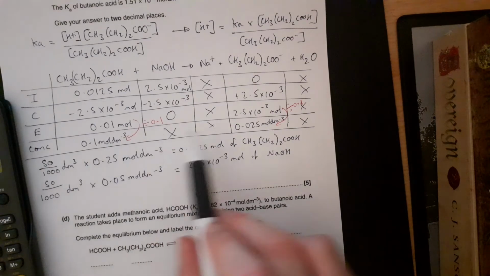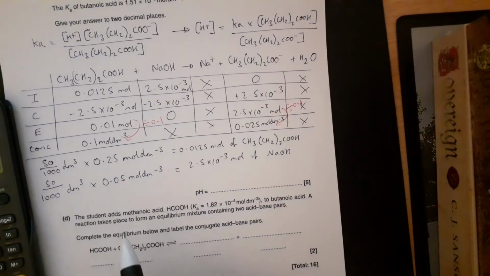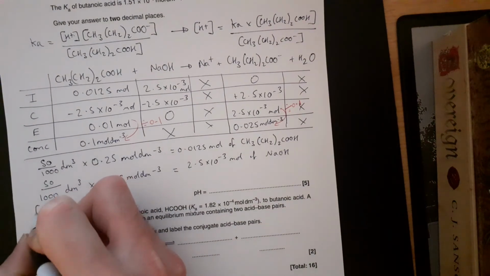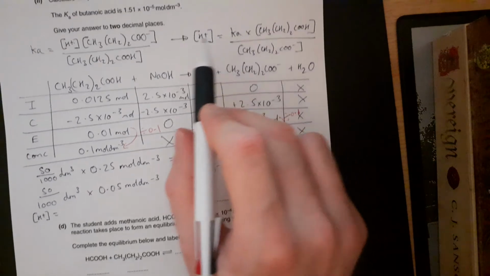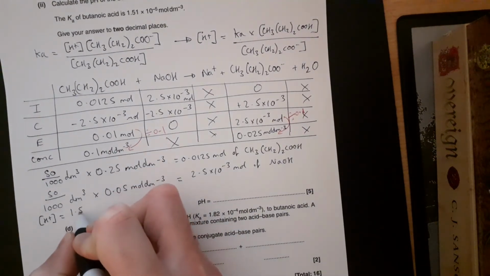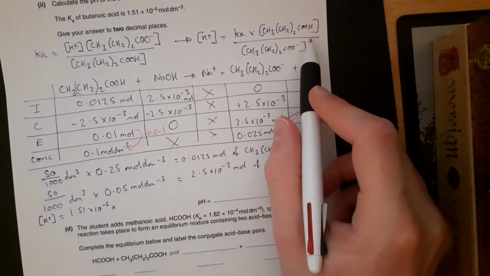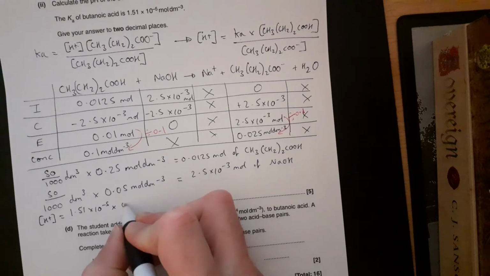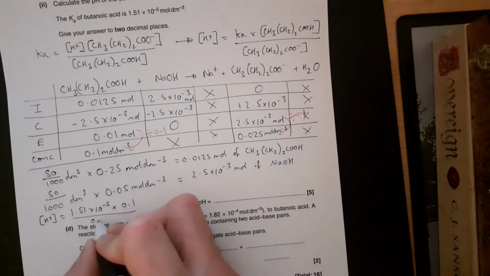These values are now ready to substitute into our Ka expression here. So our H plus concentration is going to be Ka, which is 1.51 times 10 to the minus 5, times the acid concentration, which is 0.1, divided by the 0.025.